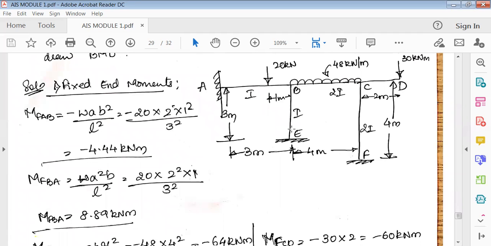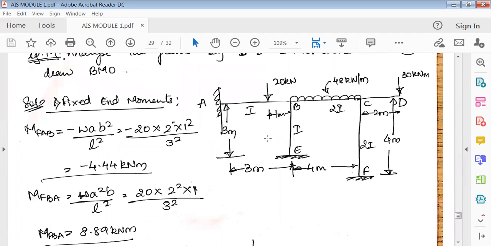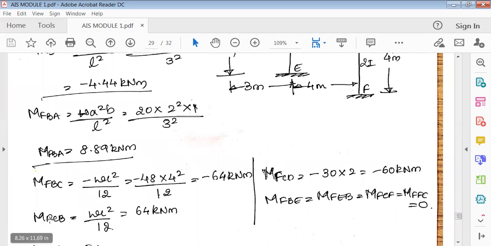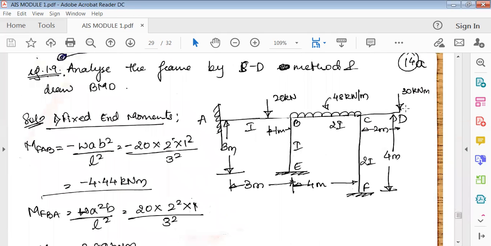Next is BE. Here MFBE and MFEB: there is no load on this column, so obviously MFBE is equal to MFEB, which is equal to 0. Next, MFBC is equal to minus WL squared by 12. Substitute the values. MFCB would be plus WL squared by 12. Next, MFCD. Because it is the left joint, the left joint will always have a minus sign.